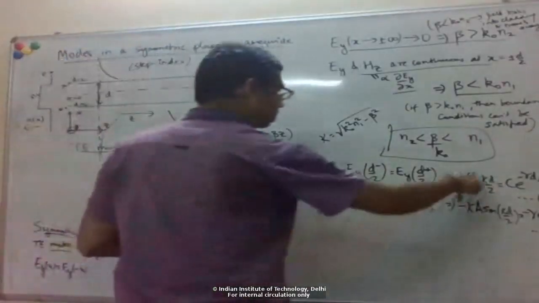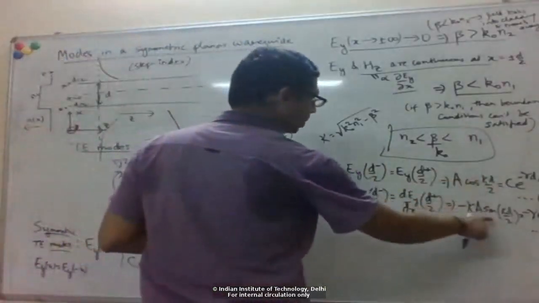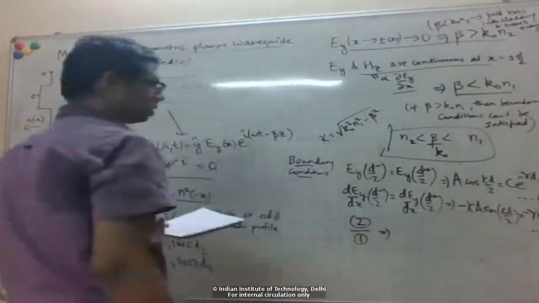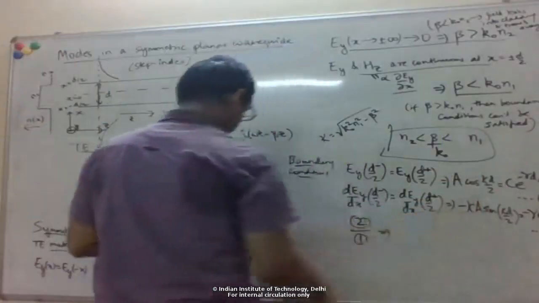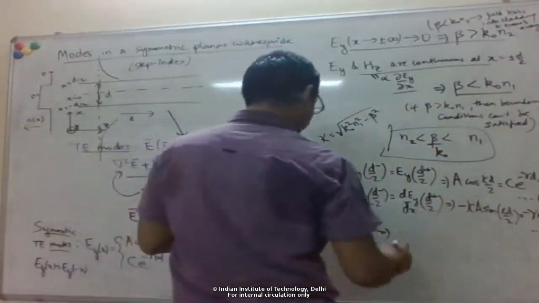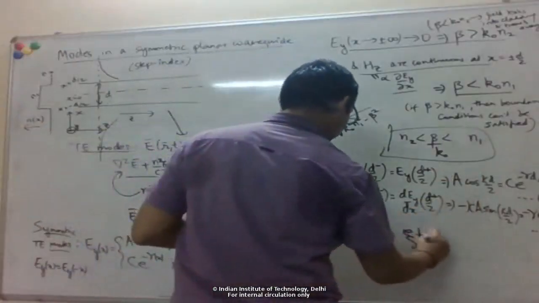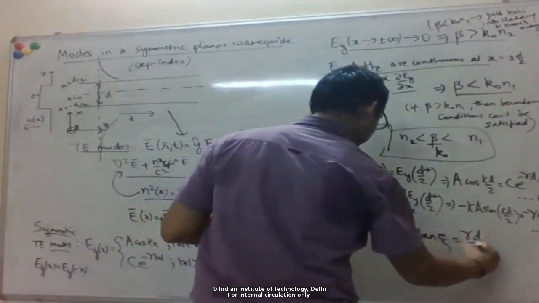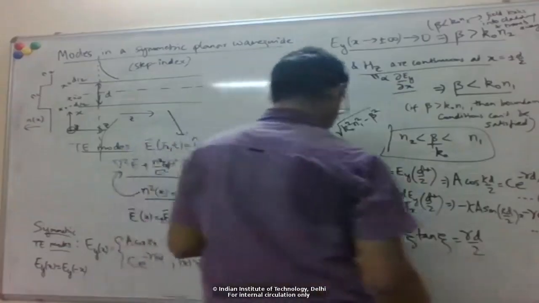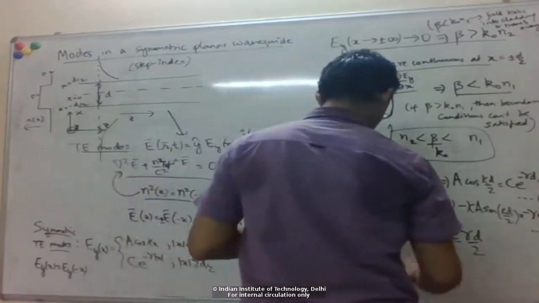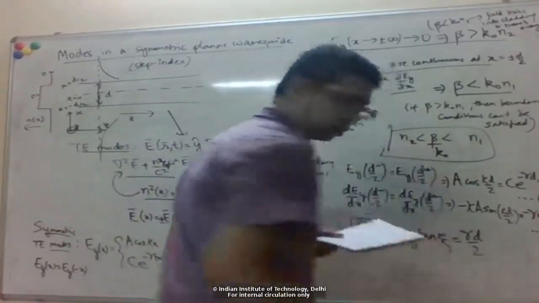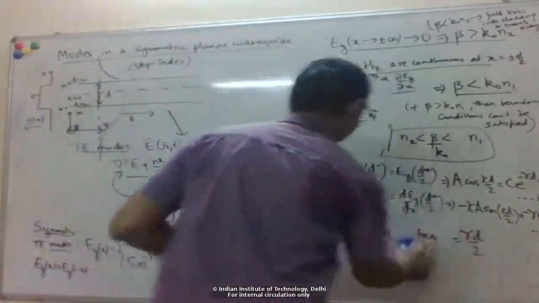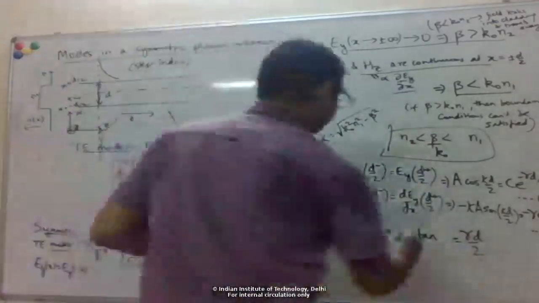So when you divide 2 by 1, you get a tan here, right? So basically we can write the equation that we get like this.